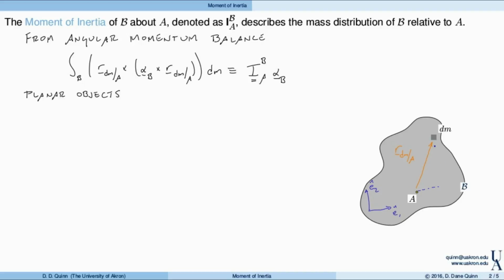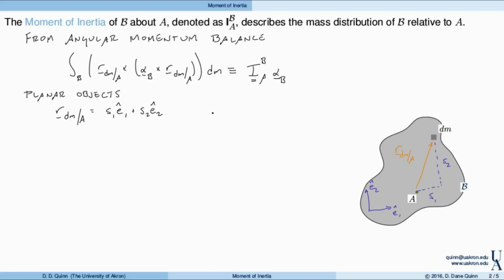Then this vector can be described by the two coordinates S1 and S2, so that r of dm with respect to A is equal to S1 in the E1 direction and S2 in the E2 direction. Again, E1 and E2 are fixed in the object, so as the object moves around, then E1 and E2 move with it. And as a result, since A and dm are both fixed in the object, S1 and S2 are constant.